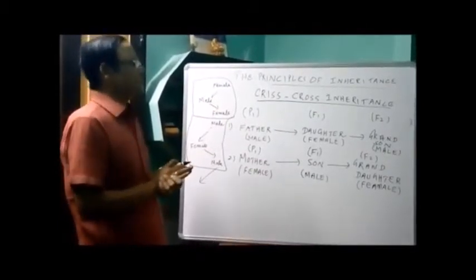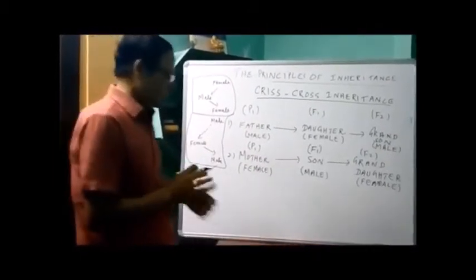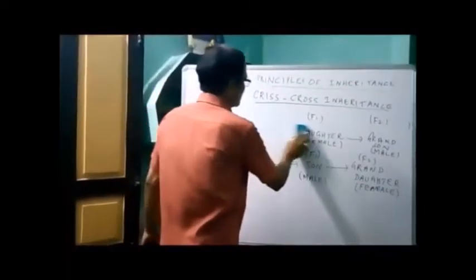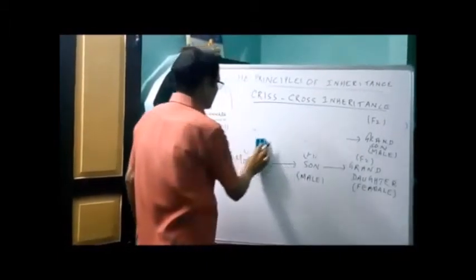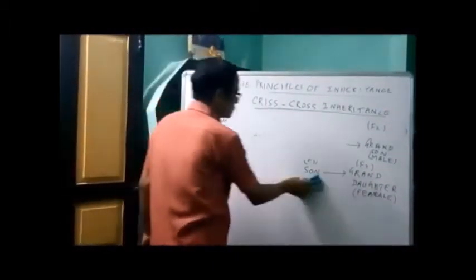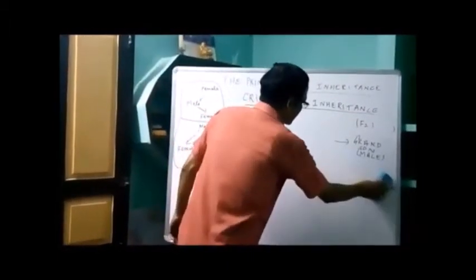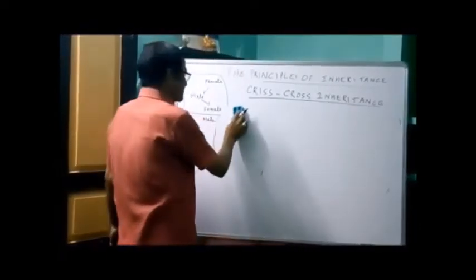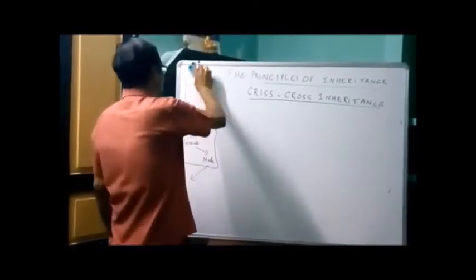Now, what are the examples of sex-linked characters? We have a number of sex-linked characters, most of them X-linked recessive characters. Most of the X-linked characters, particularly recessive ones, result in diseases in humans.